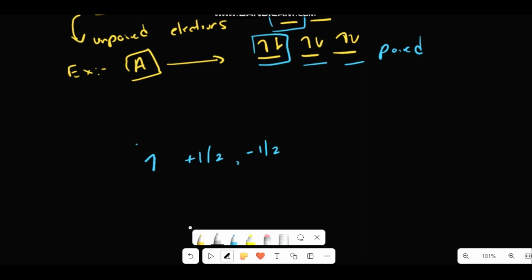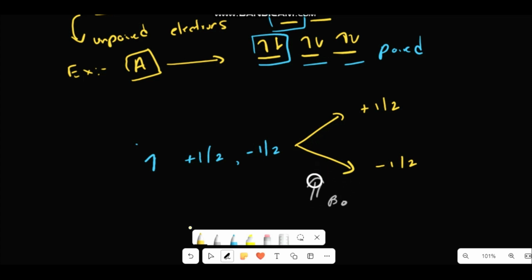Now we have applied the magnetic field. These two states are based on magnetic fields, right? Either of two directions. So it will align with our applied magnetic field and split into two energy levels, basically 1/2 and -1/2.